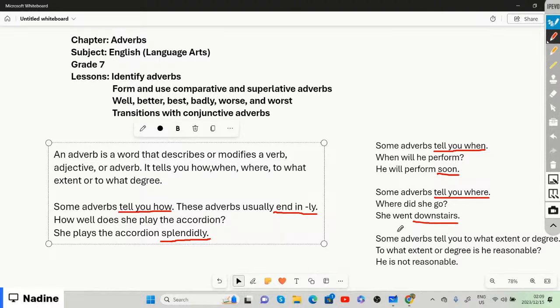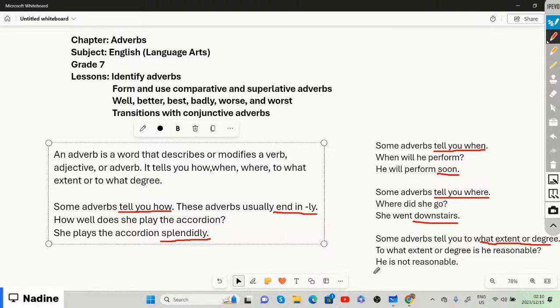And then some adverbs tell you to what extent or to what degree. For example, he is not reasonable.